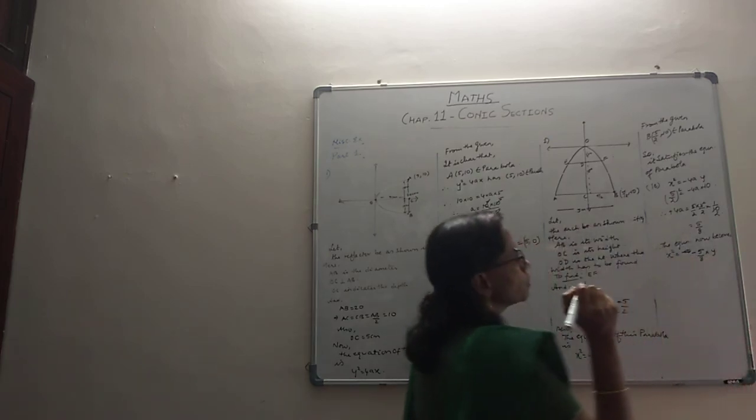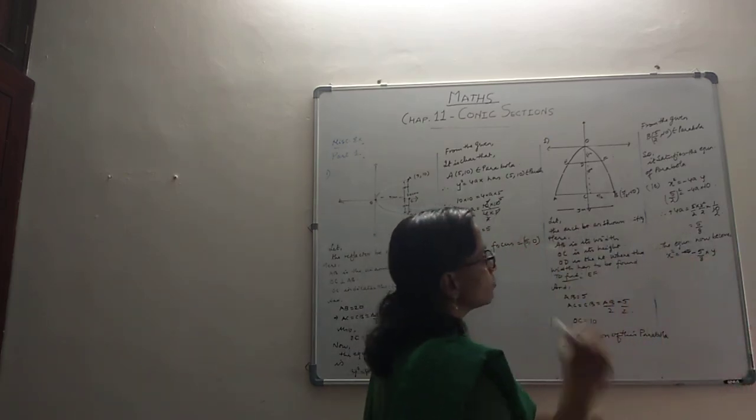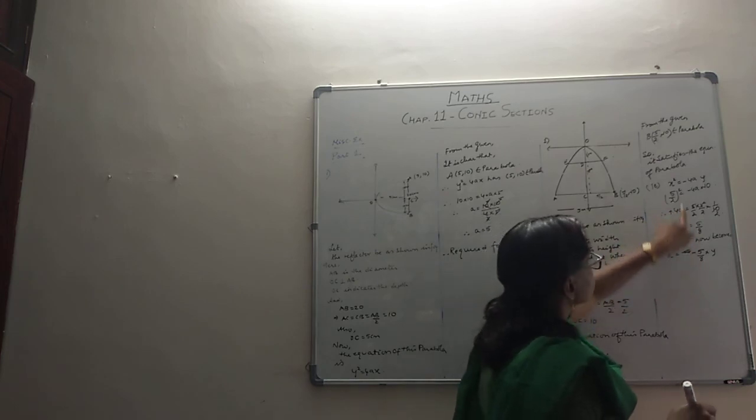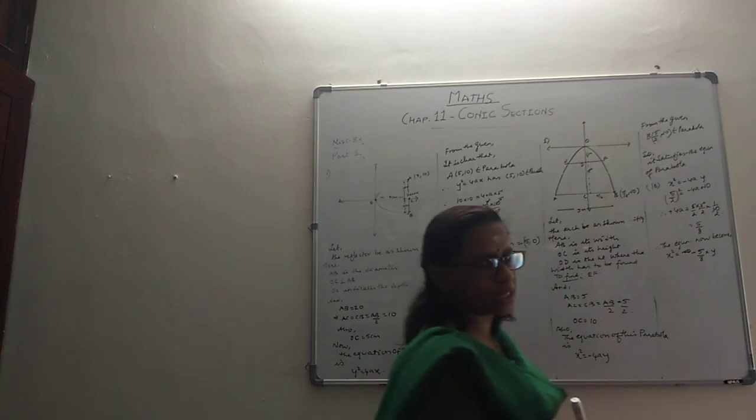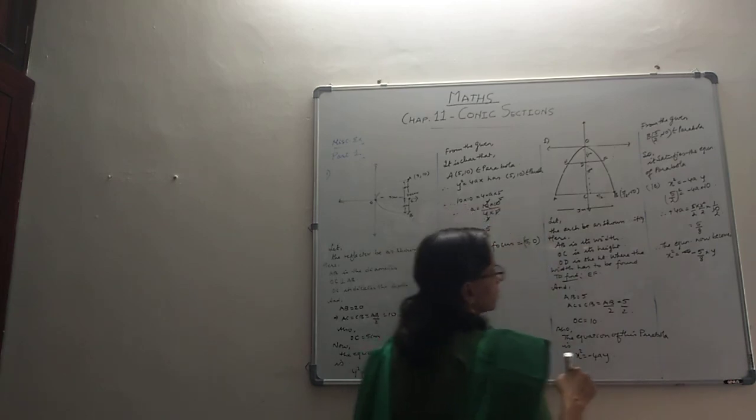I hope you have understood why: there was a negative on both sides, so like that 4a has become 5 by 8. So in this equation minus should be there, 4a we replace by 5 by 8, and y. That's how you get the equation of the parabola.